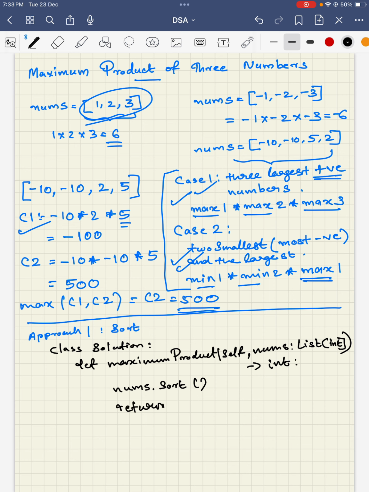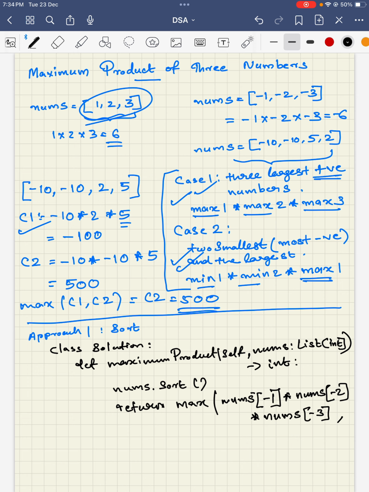Return the maximum between C1 and C2. Case 1, since it's sorted, we go from behind: nums[-1], nums[-2], nums[-3]. This is the way to take from the top.